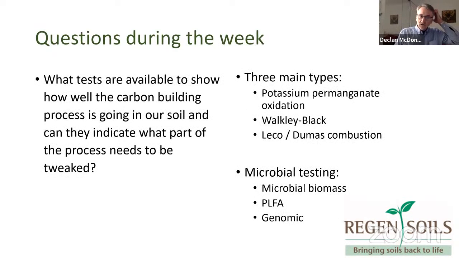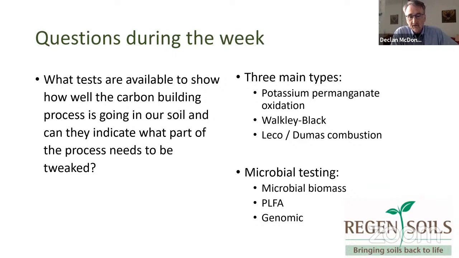What tests are available to show how well the carbon building process is going on in our soil, and can they indicate what parts of the process need to be tweaked? Well, yes, but in simple terms, there are three main types of testing for soil carbon. The potassium permanganate oxidation test tells us how much particulate organic matter is in the soil. So we've talked about that labile fraction, that very reactive fraction.